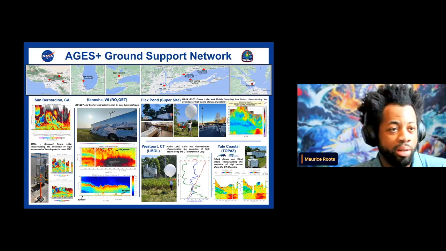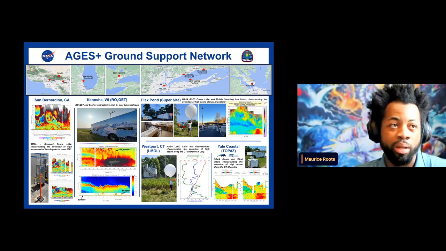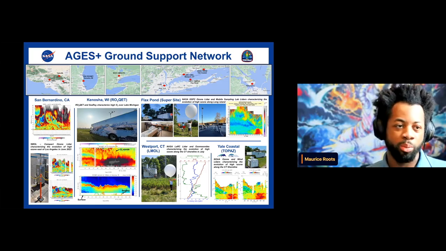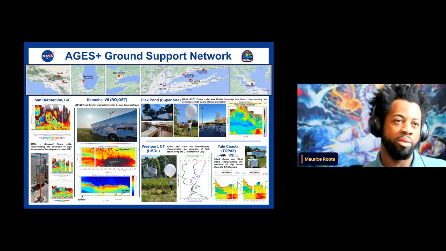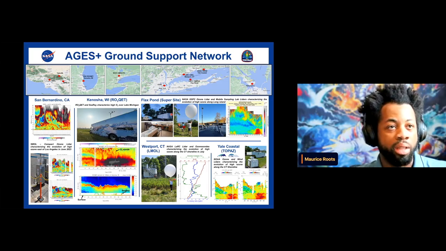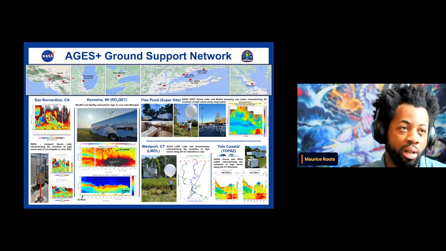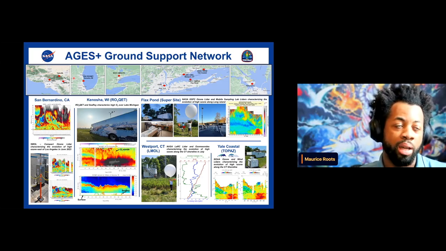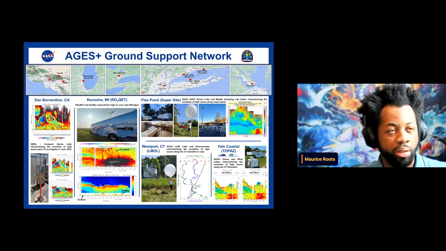Each of those letters is its own campaign, and because of COVID, things got pushed, so we rescoped everything, and everybody coordinated to do one giant campaign across the United States in really key strategic areas. If you'll notice, each one of these panels is a place where there's a large body of water and a major city, as I was trying to highlight earlier, the importance of that kind of thing.